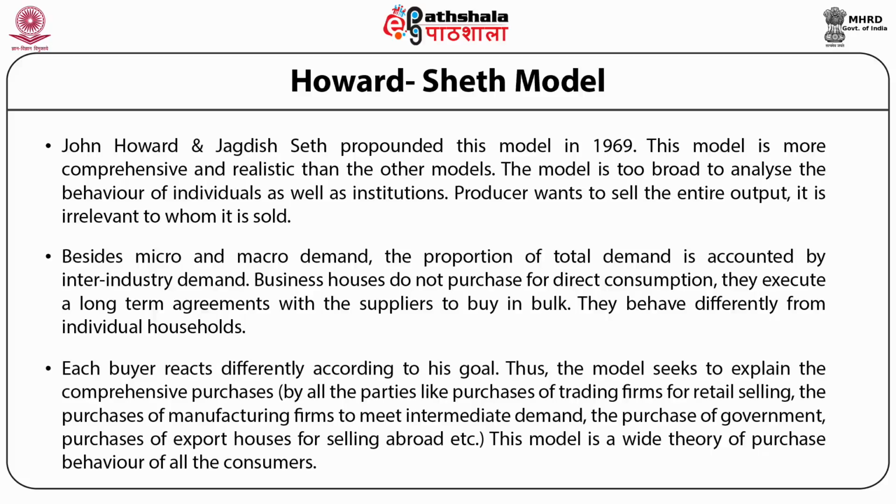Thus, the model seeks to explain the comprehensive purchases by all the parties, like purchases of trading firms for retail selling, the purchases of manufacturing firms to meet intermediate demands, the purchases of government, the purchases of export houses for selling abroad, etc. This model is a wide theory of purchase behavior of all the consumers.